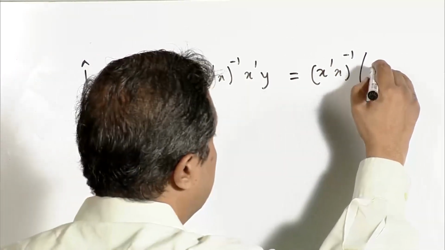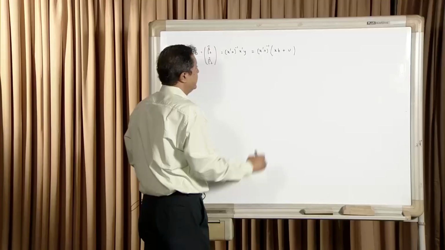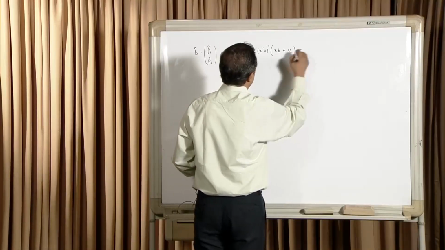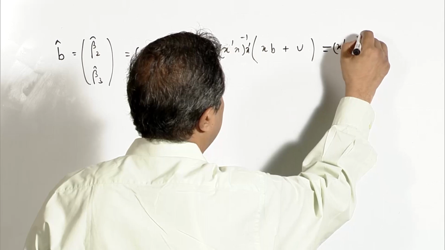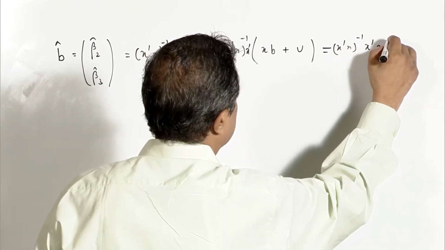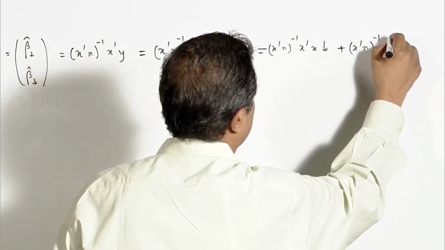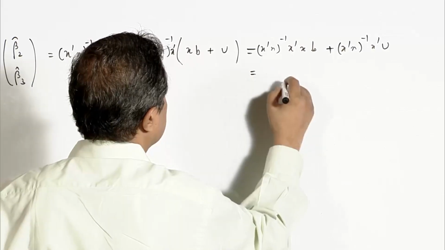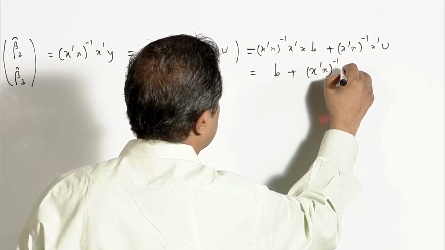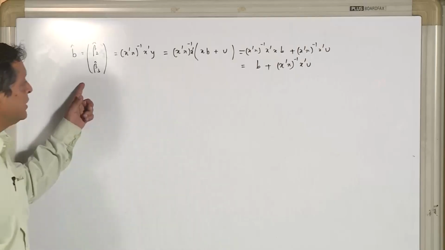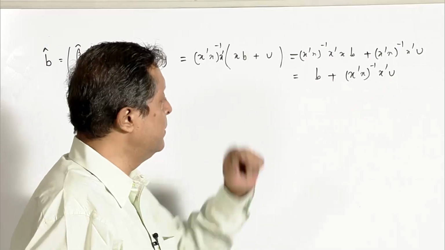Now we write y equals x b plus u, and that boils down to x prime x inverse x prime x b plus x prime x inverse x prime u, which gives us b plus x prime x inverse x prime u. So, that is the relation between the estimate b hat and b and the disturbance terms ui's.